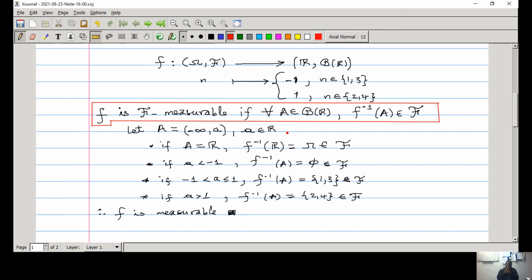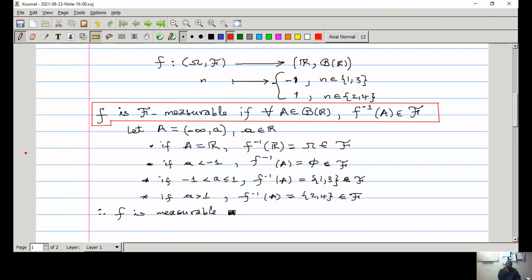There are many forms of A as a representative, because when we say for any, we are not going to select all possible elements, since there are infinitely many. We cannot start selecting each one. We take A having a particular form that will represent the entire sigma algebra. So that's what I did yesterday.